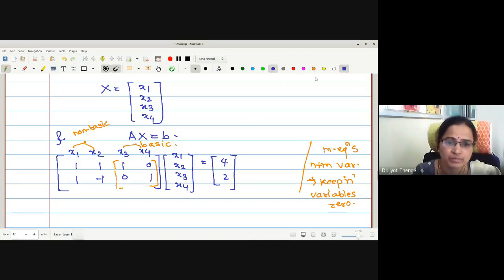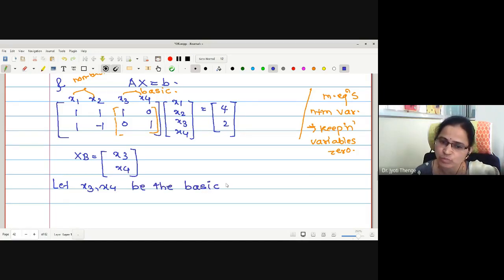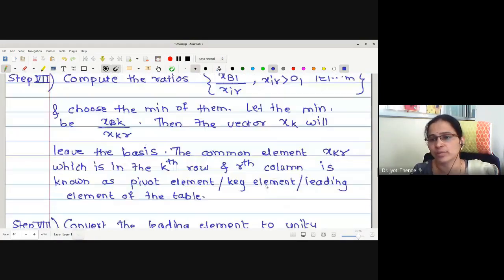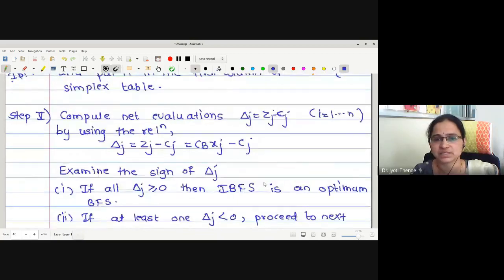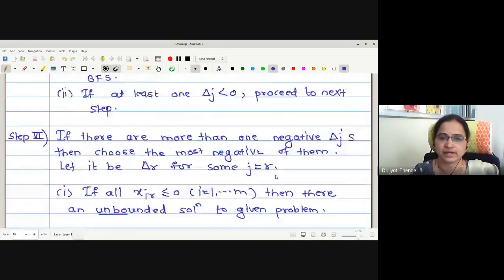Then what will be the xb vector? Basic are x3 and x4. Let x3, x4 be the basic variables. Then we are asked to find the initial basic feasible solution, by using which formula? xB is equal to B inverse b.